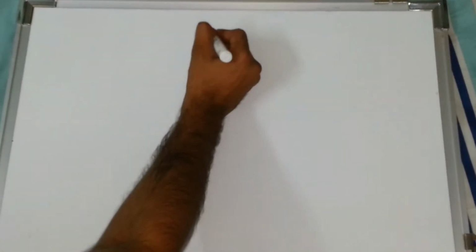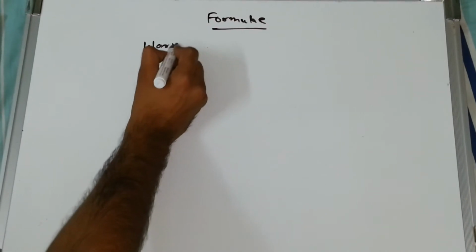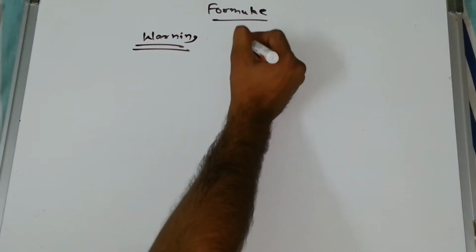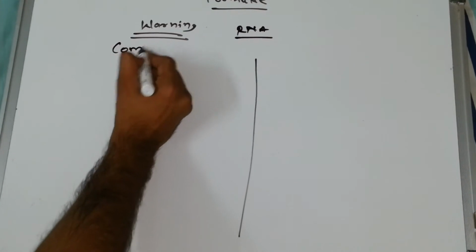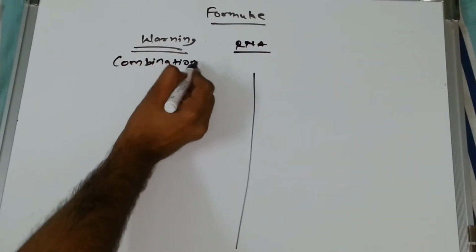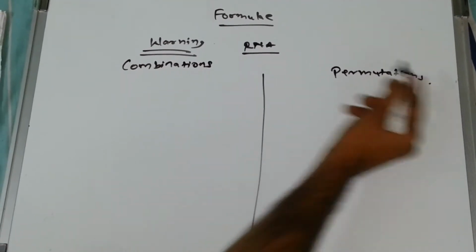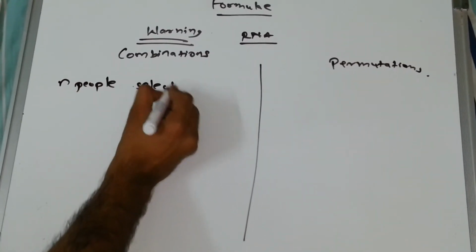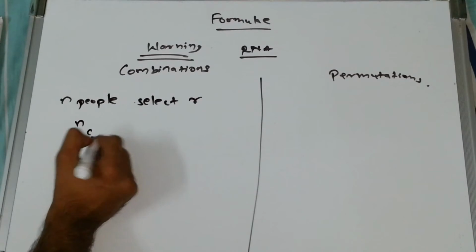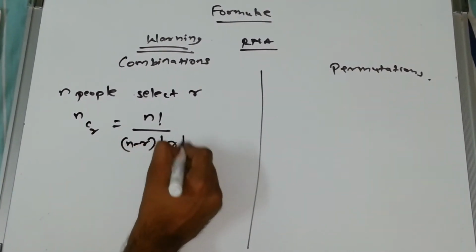Now we are going to see some basic formulas. A warning for all the students that these formulas are applicable only when repetition is not allowed. So we take combinations and permutations. Here, if we have n people and we have to select r out of those, we give it as nCr, which is nothing but n factorial by n minus r factorial, r factorial.